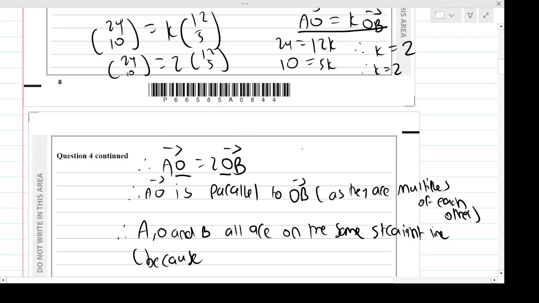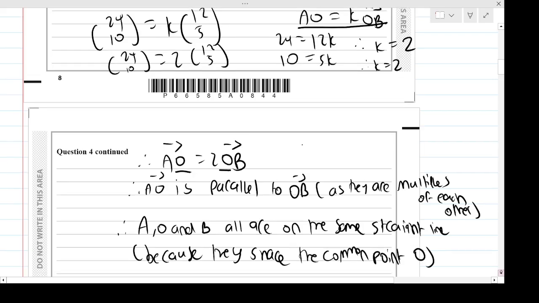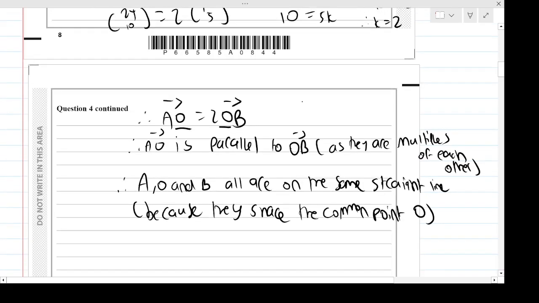Here, the common point is O, because they share the common point O. And that's it, we're done. And so because we're on the same line, therefore the stone must pass through O.